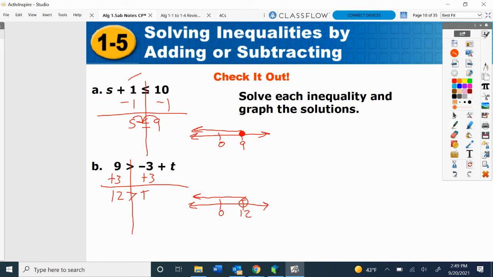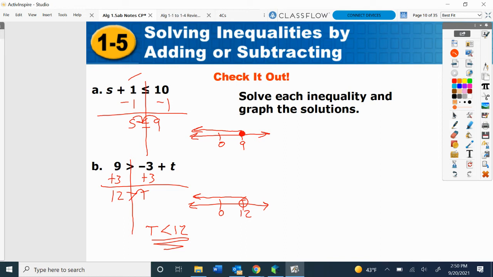Now this one here, we got 12 on this side, we have t on the other side. You can graph it just the way that it is written, or you can turn it around. Notice how the point is with t, so that's how I want to write it. I want to be t less than 12, and that might make it a little easier for you to graph it.